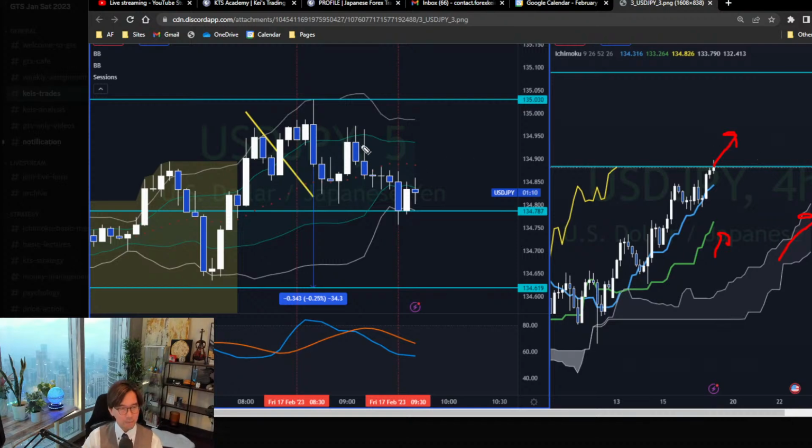However, M5 started to retrace. The markets tend to follow the higher time frame direction, but a new trend starts from the lower time frames. And this is the potential new trend down.